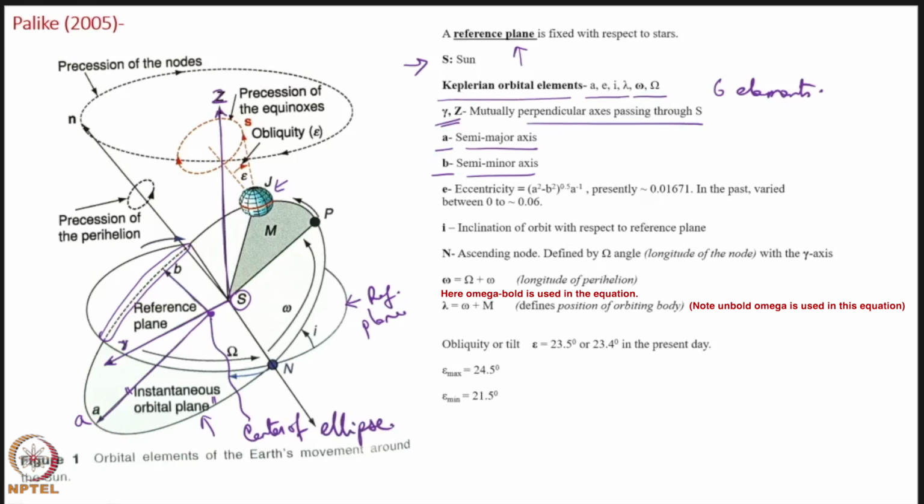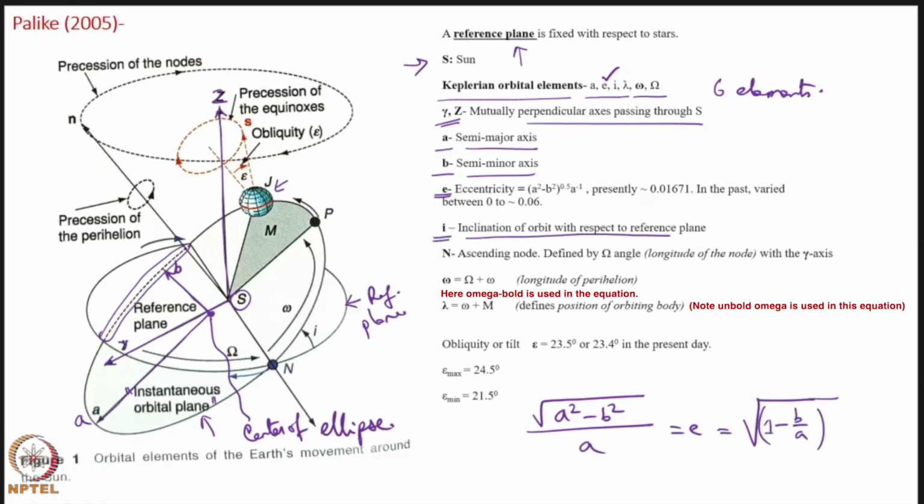B is the semi-minor axis. Now, eccentricity small e is defined in this way: square root of a square minus b square, divided by a, which can also be written as square root of 1 minus b by a whole square. Consider small I as the inclination of orbit with respect to the reference plane. So, this angle is given by I.